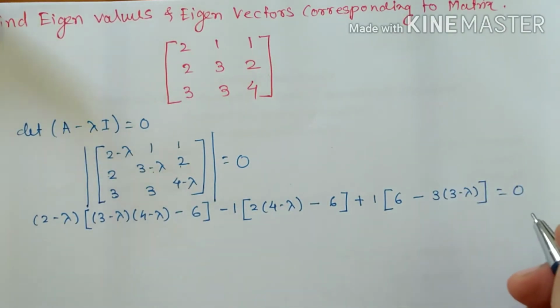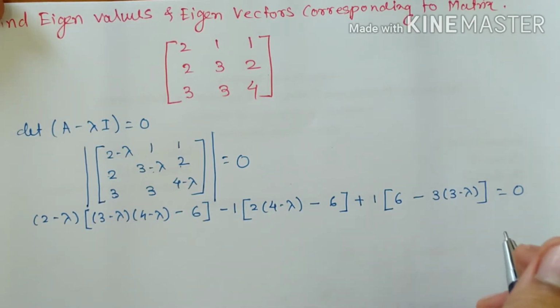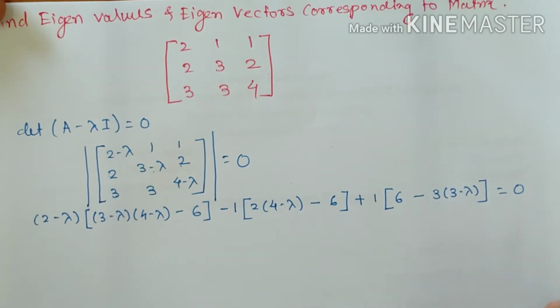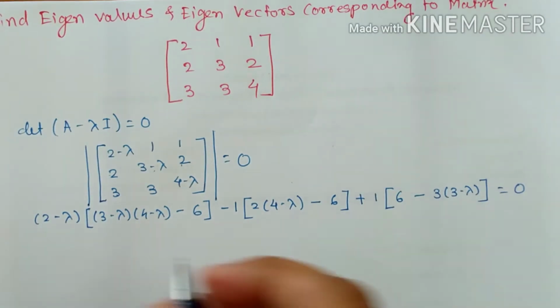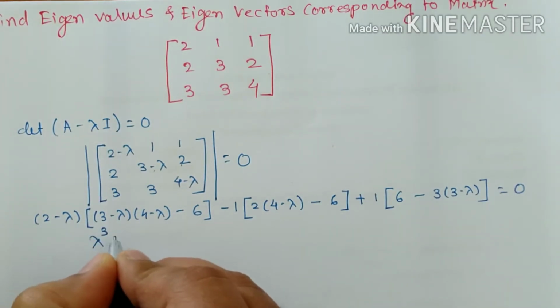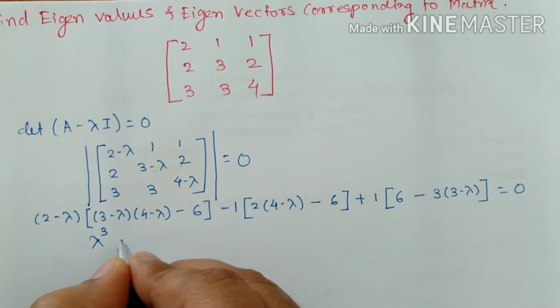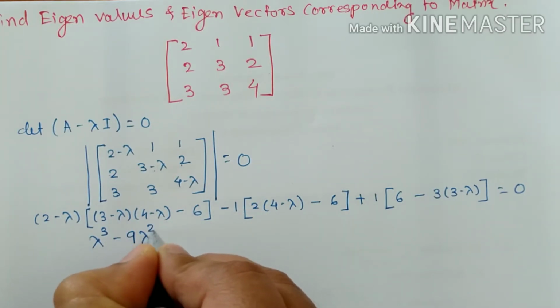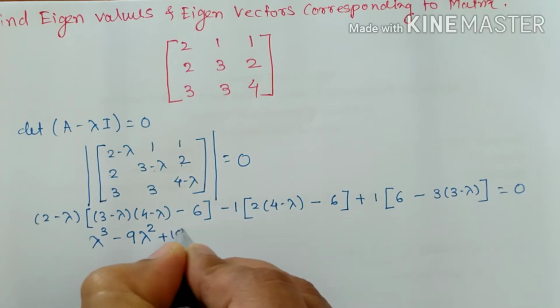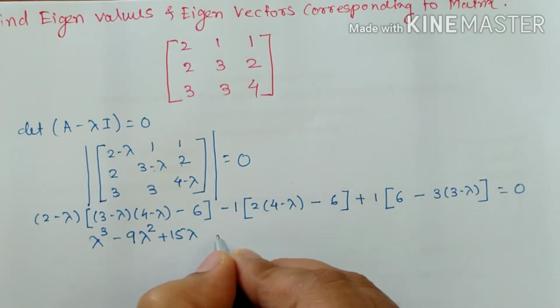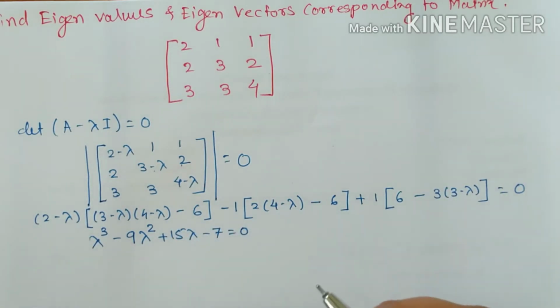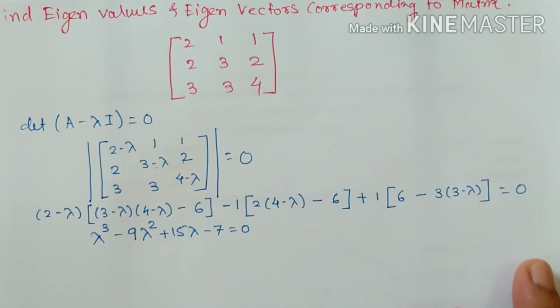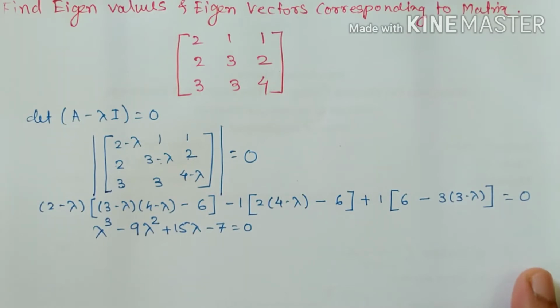On simplifying this, or using the shortcut method which I already explained in the previous lecture, the characteristic equation is lambda cubed minus 9 lambda squared plus 15 lambda minus 7 equal to 0. Using a calculator, you can easily work out the roots of this equation. The roots are nothing but our eigenvalues.